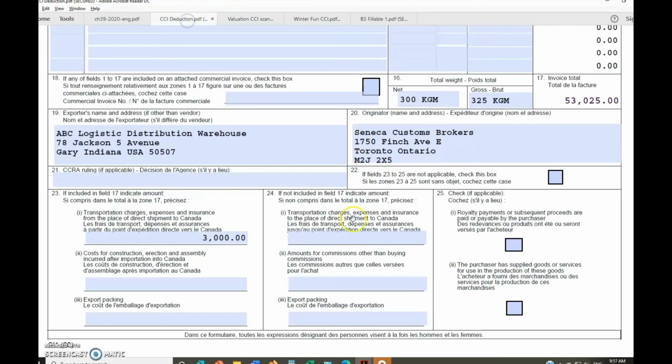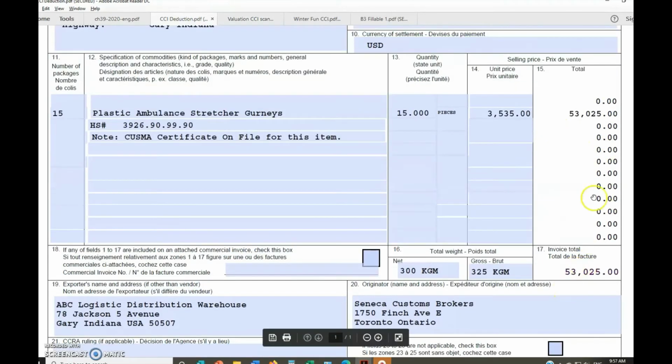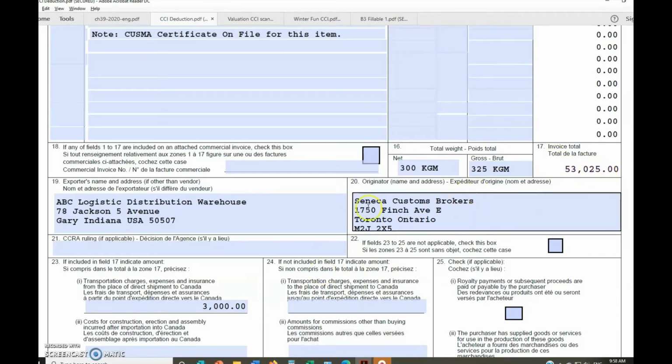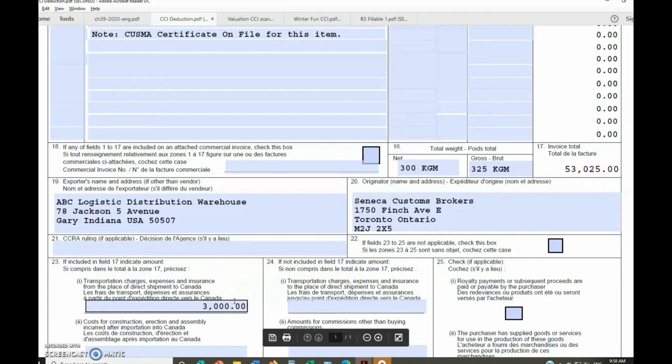So field 17 is $52,025. So we're going to be deducting $3,000 from that and only paying duty on this minus this.